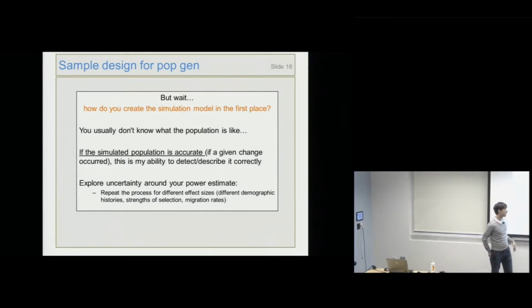If we're interested in detecting local adaptation, we would simulate different strengths of selection to basically explore some uncertainty around our power estimate. So again, at these given parameter values, our power is this amount with this sampling strategy.